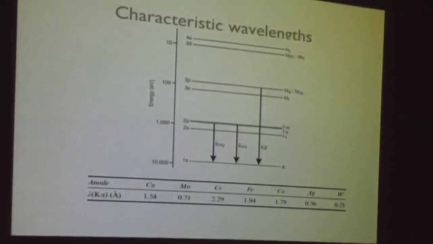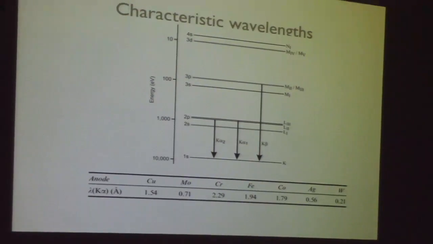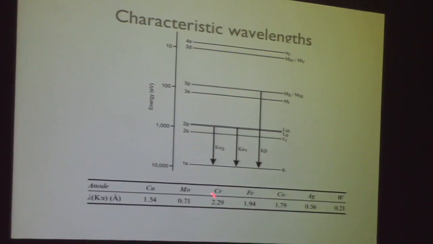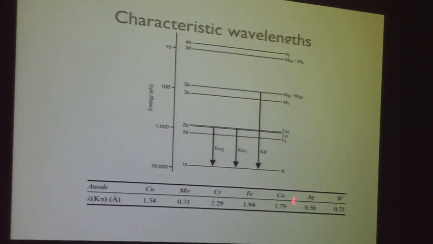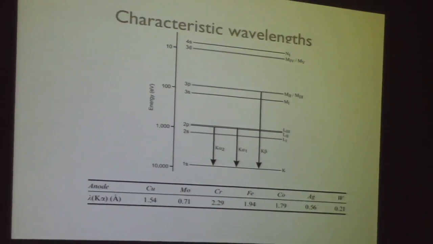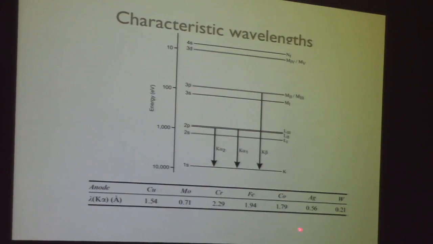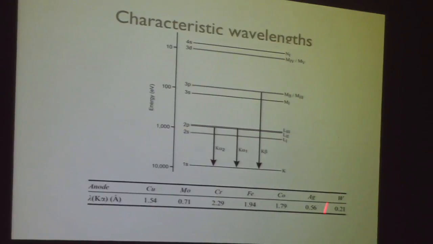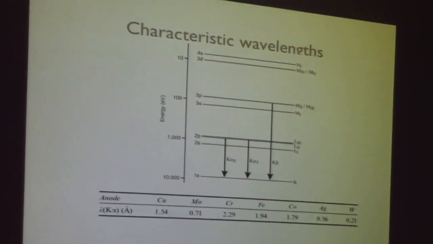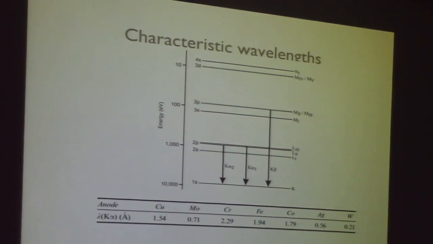Most people using laboratory X-rays use molybdenum, and they use silver if they're trying to do PDFs. So one question is, what's the best source to use? Another question is, why don't we use tungsten, because this has an extremely short wavelength. This wavelength is almost like the wavelengths that we're using at the synchrotrons.